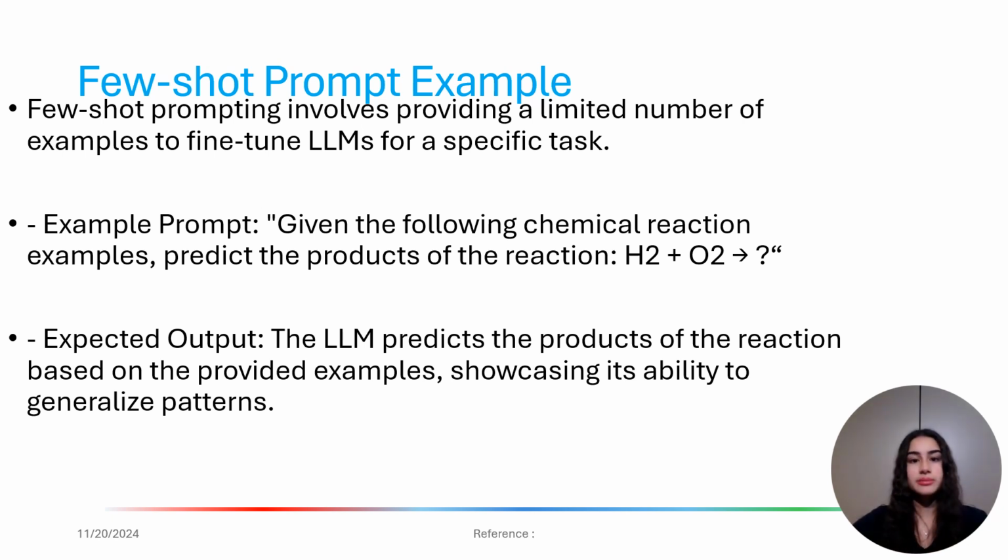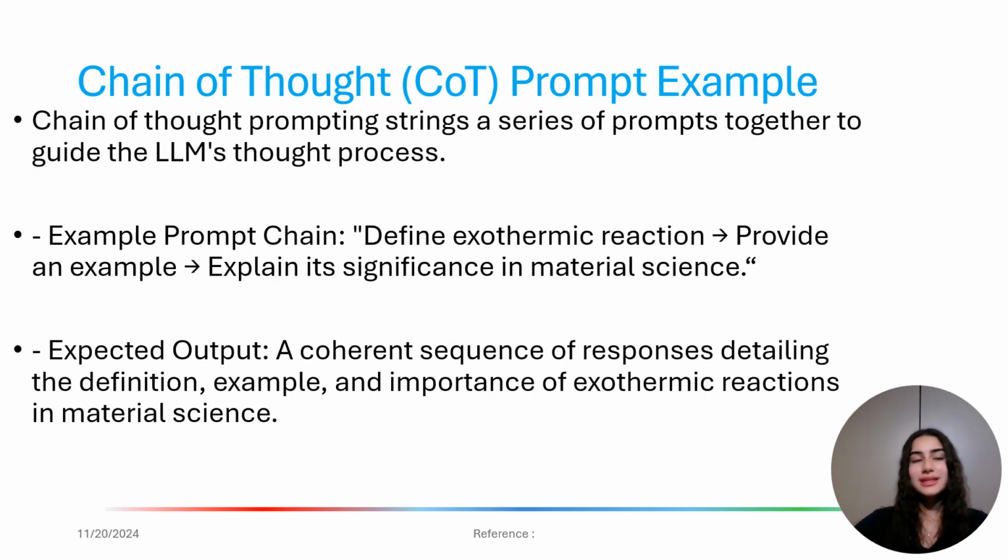in chemistry. I personally like the chain of thought prompt example the most out of the four because it's not too hard, but it's also not too basic, and it involves a little bit of everything. The chain of thought prompting strings a series of prompts together to guide the large language model's thought process.